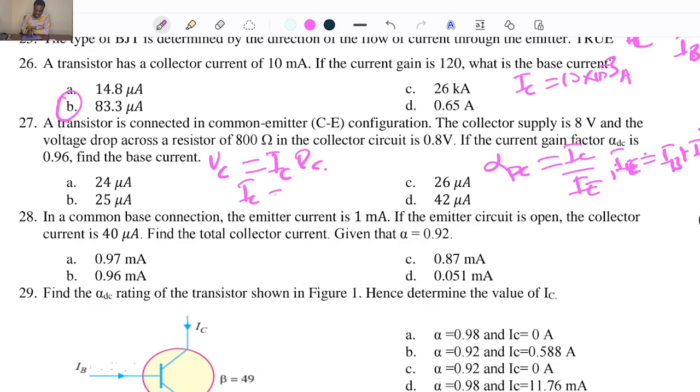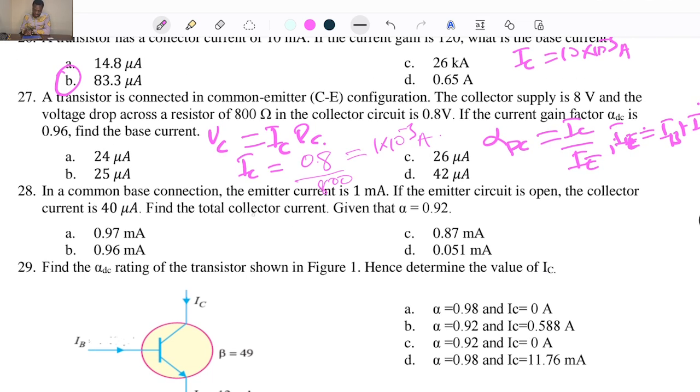So we make IC the subject, then we get the voltage, which is 0.8 divided by 800. That is going to give us 1 milliamp.